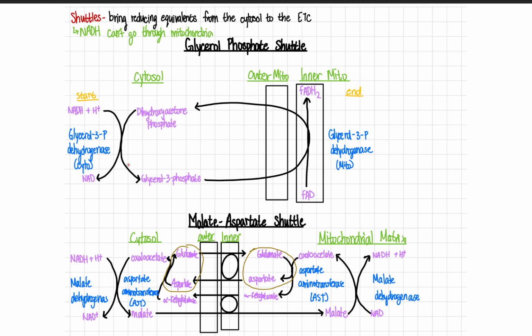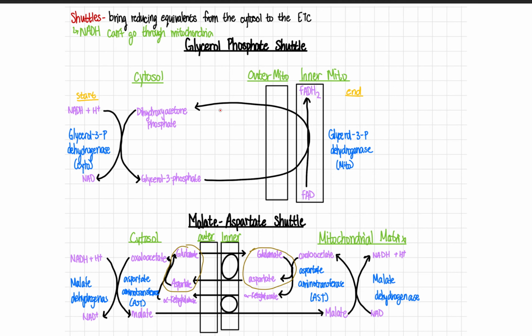In the meantime, that glycerol 3-phosphate is going to come inside of the mitochondria. And in the mitochondria, that glycerol 3-phosphate is going to go from FAD to FADH2, which then will allow for that G3P to be converted back to DHAP. The enzyme that does this is glycerol 3-phosphate dehydrogenase, specifically mitochondrial.